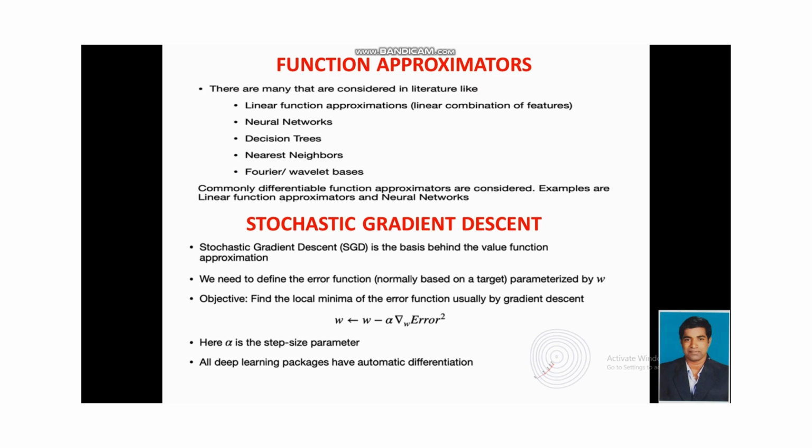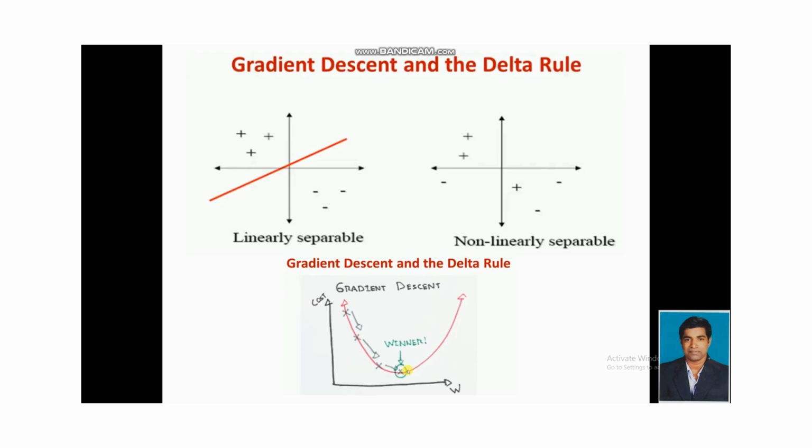All deep learning packages have automatic differentiation. On the gradient descent and the delta rule, we can see here the linearly separable case, where the two kinds of symbols are cleanly separated by a line, whereas in the non-linearly separable case there is some mixing of symbols.